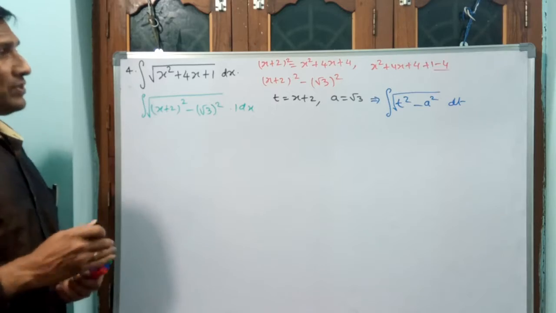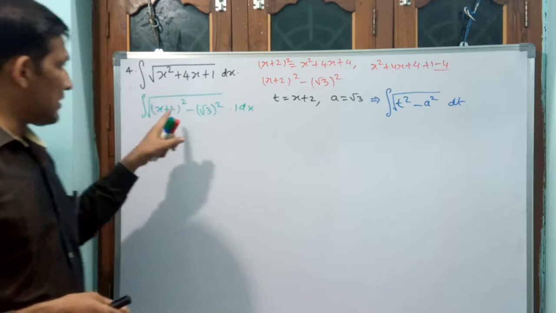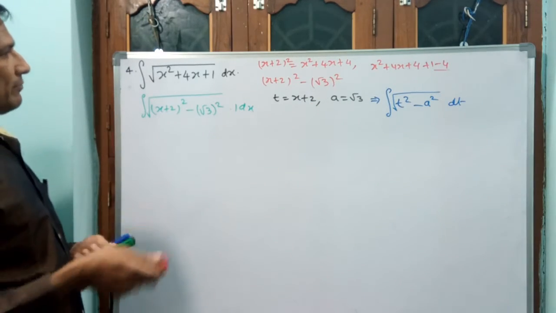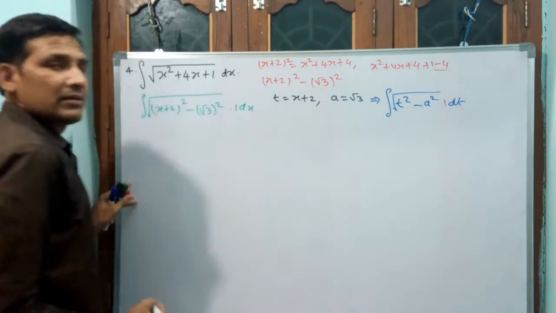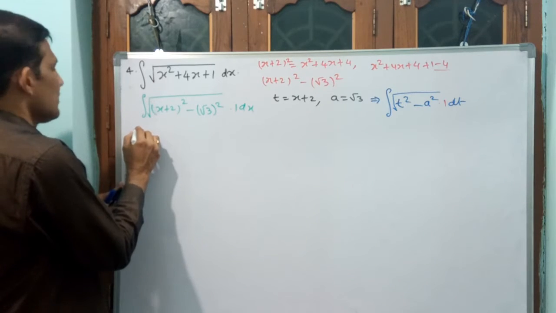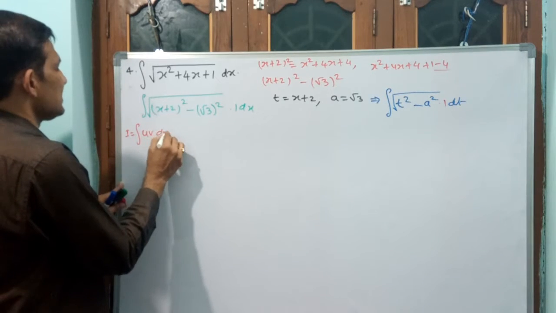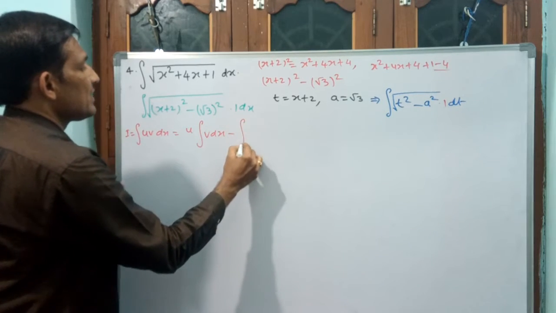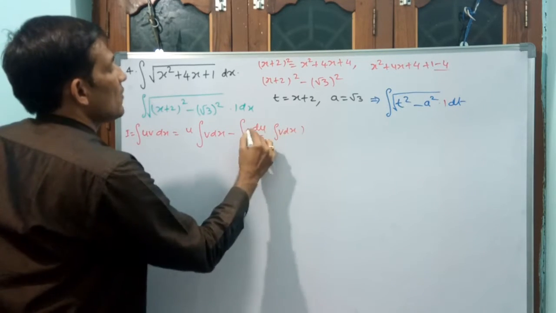Now we have to do this. The final result will come, and there we will substitute the t and a values. See how I am doing. The 1 is there. I am writing the formula: I is equal to integral uv dx, that is equal to u integral v dx minus integral of du by dx times integral v dx, whole dx.